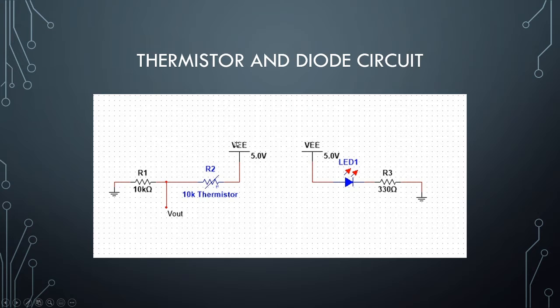What I have here is a 5-volt DC input going straight to one end of the thermistor and then taking a voltage reading at the other end of the thermistor with a 10,000 ohm resistor connected to ground in between. And over here is the circuit I used for the LED to light between 70 and 100 degrees Celsius. That was a simple 5-volt direct current or digital input, the LED, and a 330 ohm resistor then connected to ground.